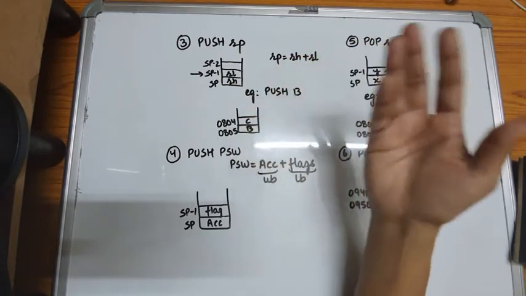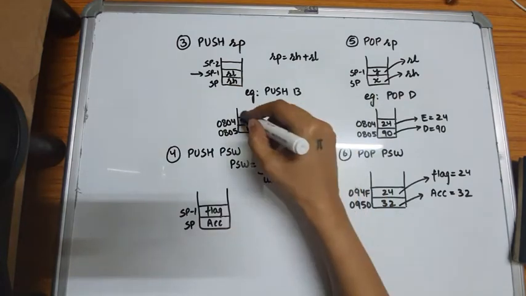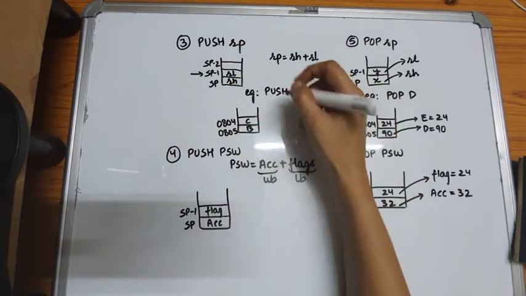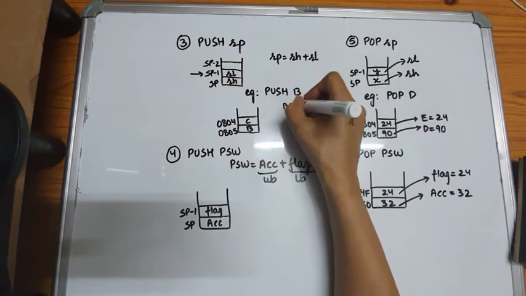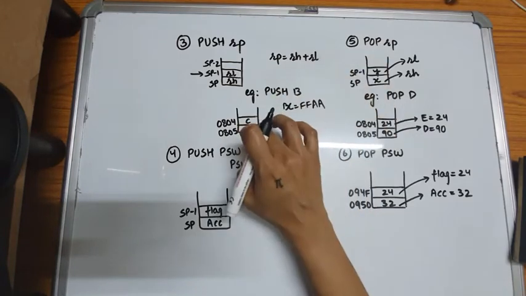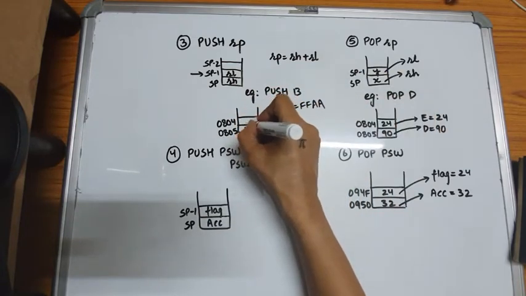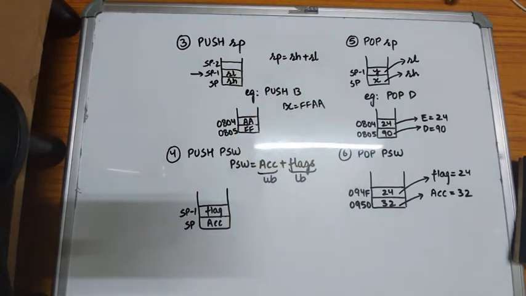This is how push happens. The contents of B and C will be pushed onto the stack. If BC are holding FF, AA, then FF will be transferred here and AA will be transferred here. This is how push RP takes place.